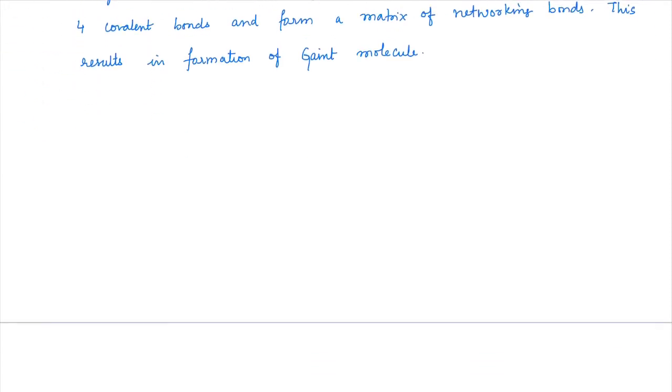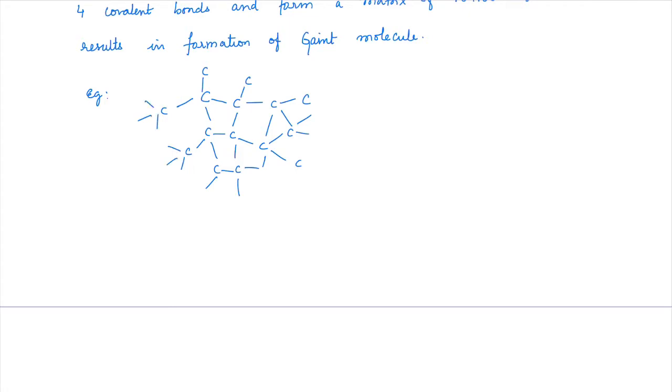Like diamond is called a giant molecule. For instance, if we check out diamond, we will see it always has bonds continuously existing like this, and every carbon has 4 bonds. This way the chain keeps running. This is how the structure of diamond would be.